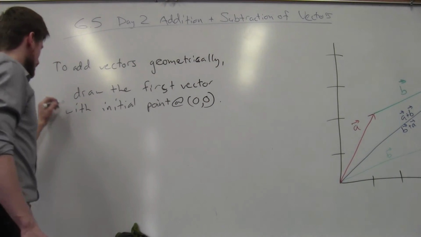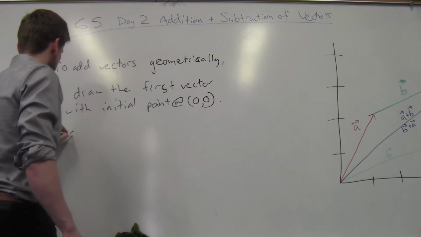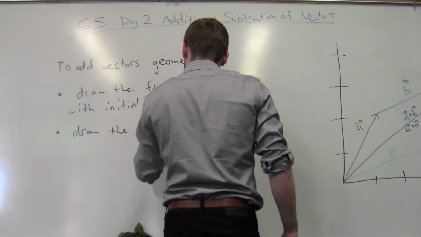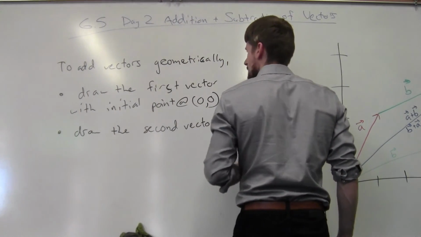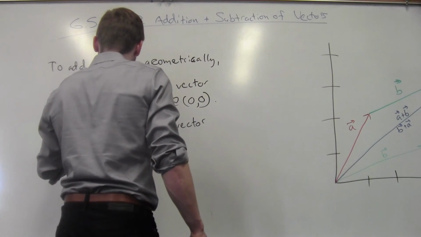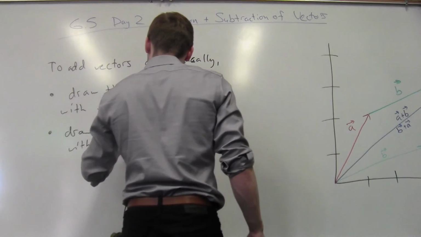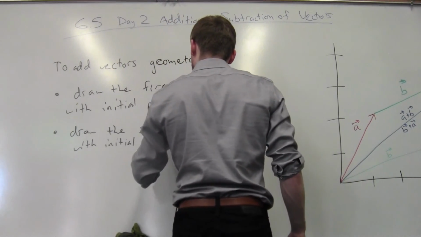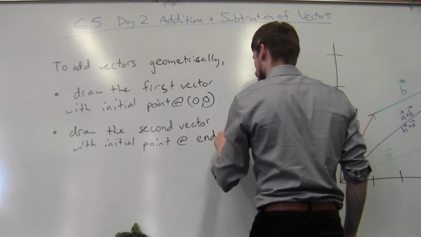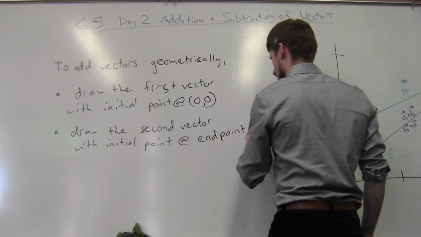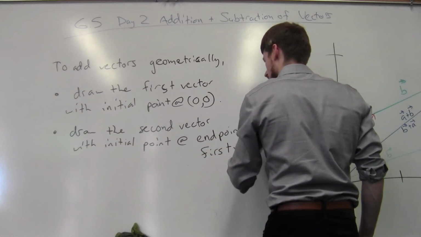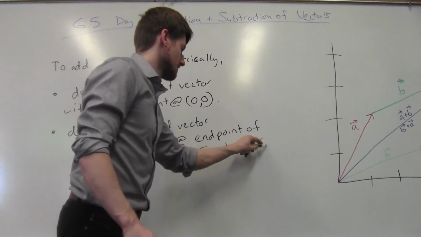And then draw the second vector with initial point at the endpoint of the first vector.